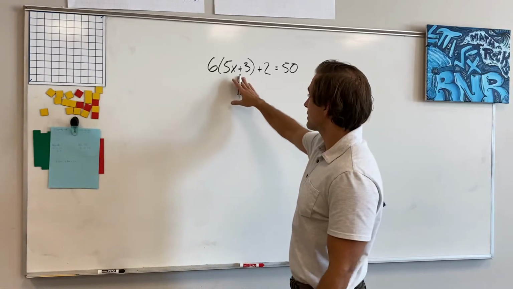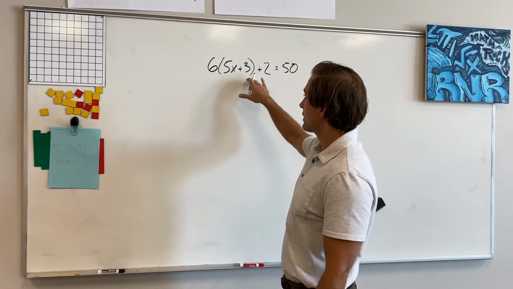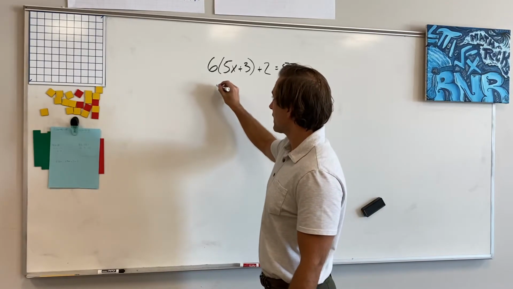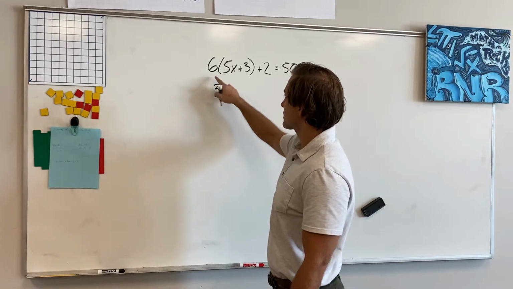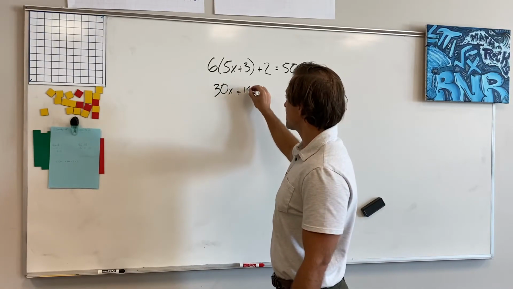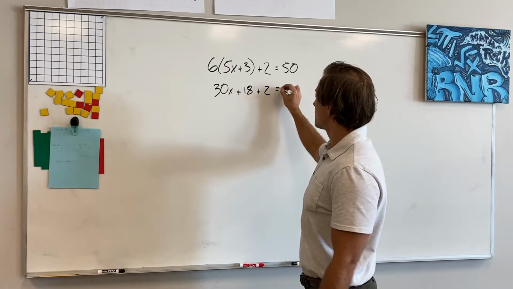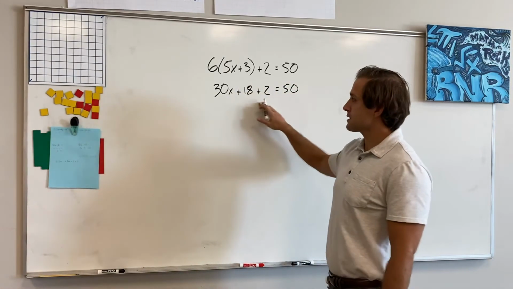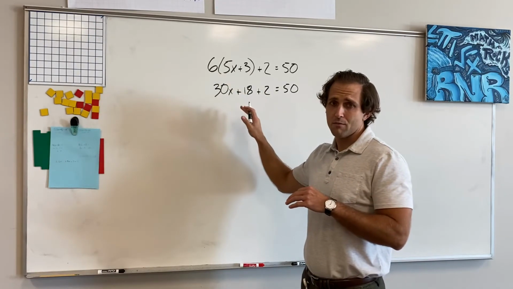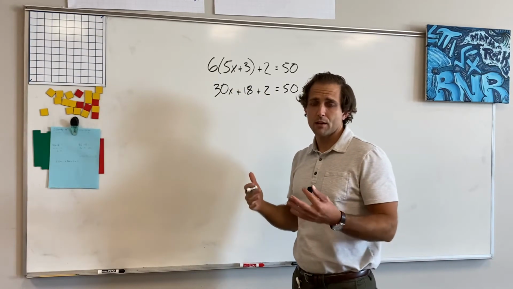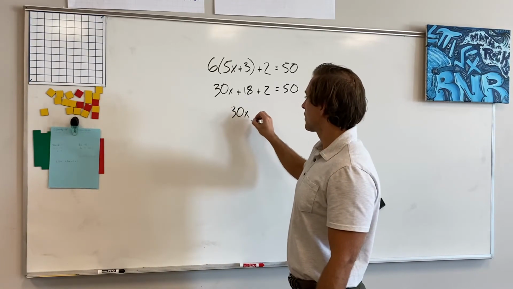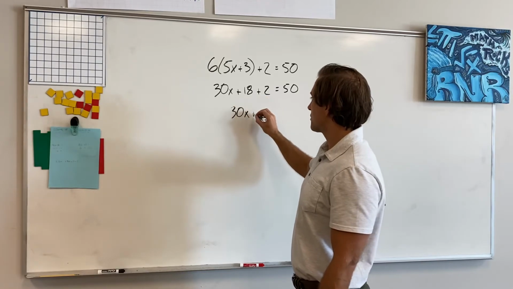So I'm going to take this expression of 6 times the quantity of 5x plus 3, and I'm going to distribute and rewrite it as 30x, 6 times 5x, plus 6 times 3 is 18, plus 2. Now, I did not change the value of this side at all. I kept the value exactly the same. We just wrote it in a different way, an equivalent expression. 18 plus 2 is going to be 20.